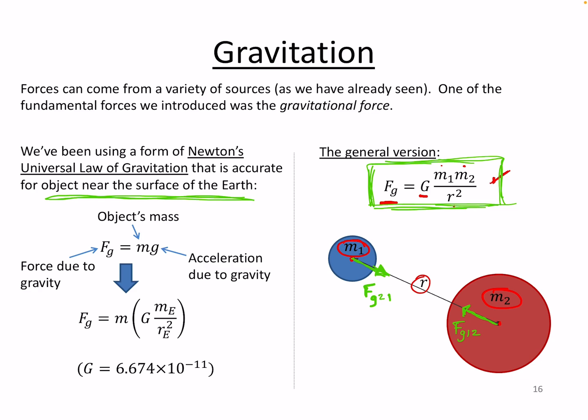Maybe by a part in 100 or something like that at best. Where you actually start running into significant deviations from it, where you ought to be breaking out the general version rather than this version, would be for spacecraft.